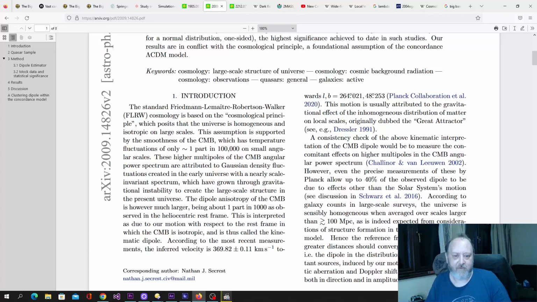This assumption is supported by the smoothness of the CMB, which has temperature fluctuations of only 1 part in 100,000 on small angular scales.